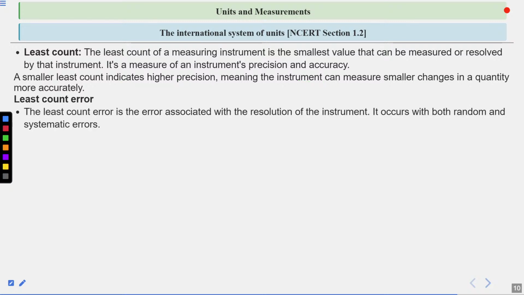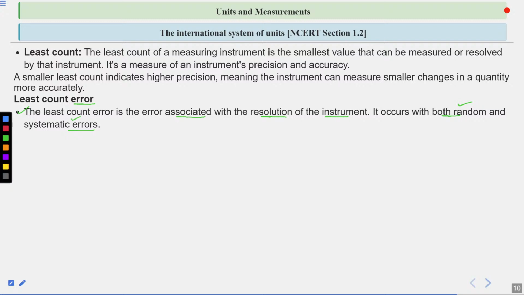Next is least count error. The least count error is the error associated with the resolution of the instrument. It occurs with both random and systematic errors. So there are two types of errors: random errors and systematic errors.